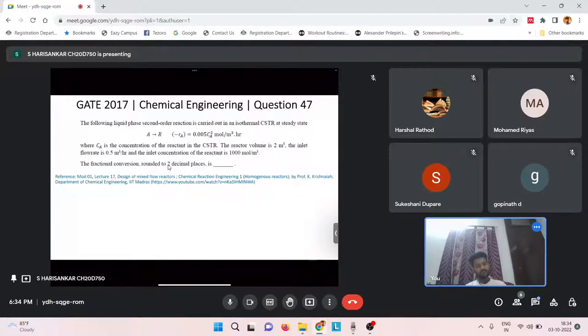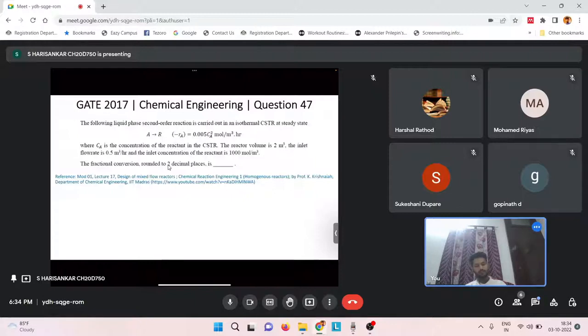A gives R with a reaction rate 0.05 Ca square mole per meter cube hour, where Ca is the concentration of the reactant in the CSTR. The reactor volume is 2 meter cube. The inlet flow rate is 0.5 meter cube per hour, and the inlet concentration of the reactant is 1000 mole per meter cube. The fractional conversion, rounded to 2 decimal places, is dash.